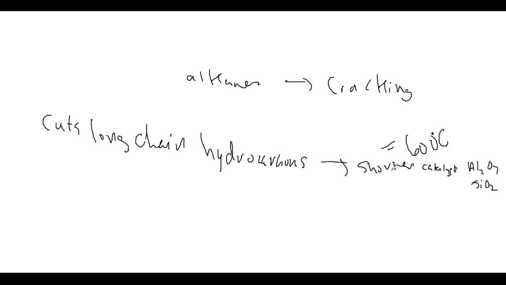And so what basically happens, an example, is if you have C10H22, right? Cracking always gives you an alkene plus an alkane. All right, and so the alkane could be C8.